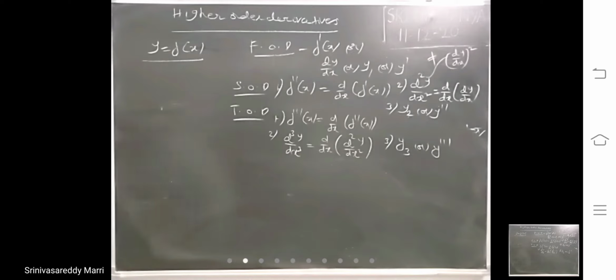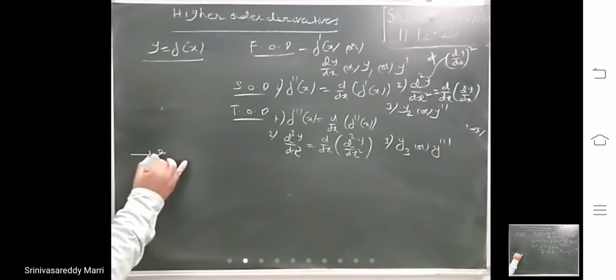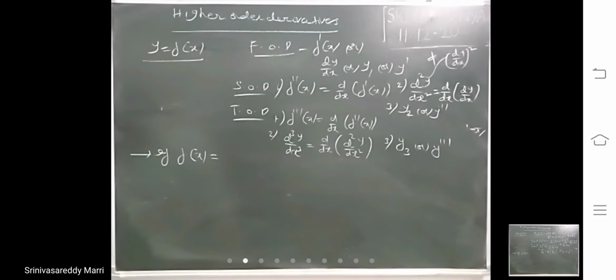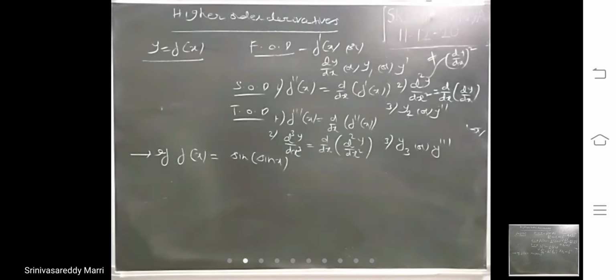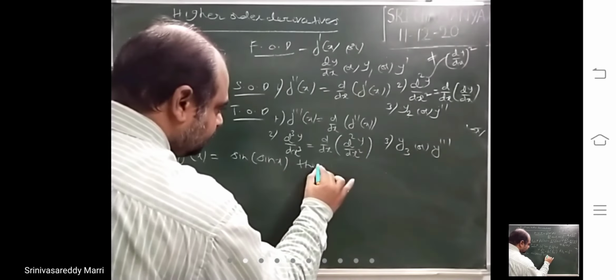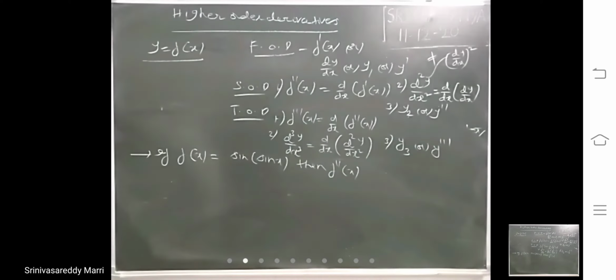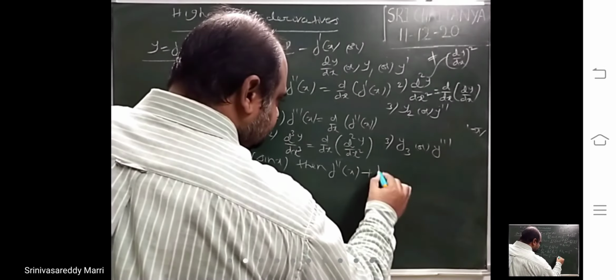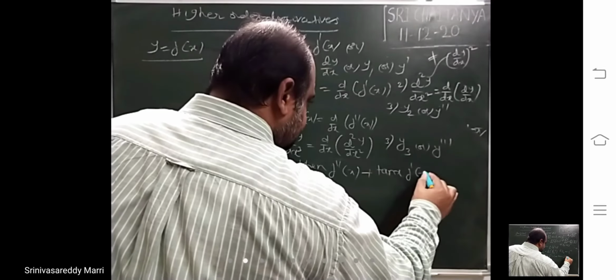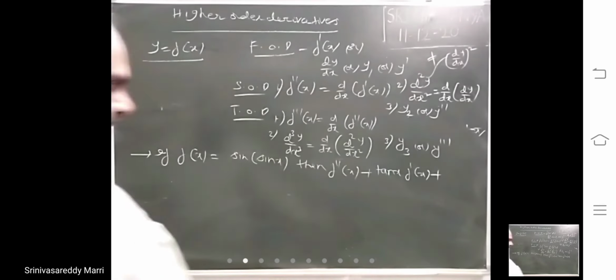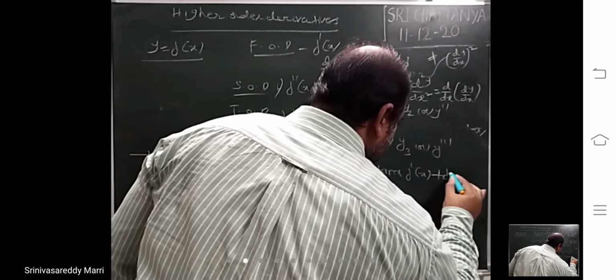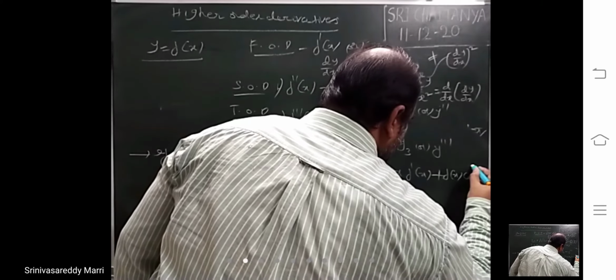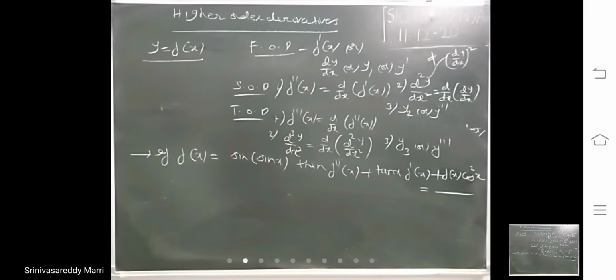Suppose take one simple example. If f of x equals sine of sine x, then f double dash x plus tan x into f dash x plus f of x into cos square x equals what?